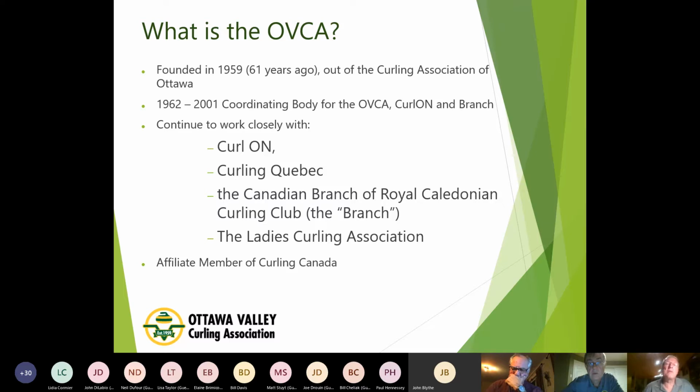Between 62 and 2001, the OVCA acted as a coordinating body for the OVCA, Curl-On, and the branch. In fact, we collected fees for the OVCA and the branch, at least during that time period. I'm not sure about Curl-On. We continue to work closely with the partners I just finished mentioning, and we're an affiliate member of Curling Canada.